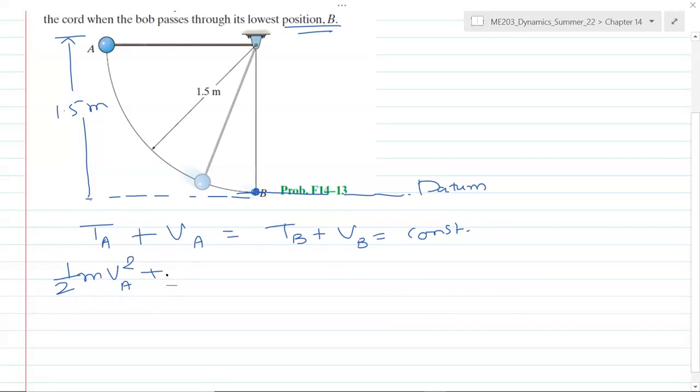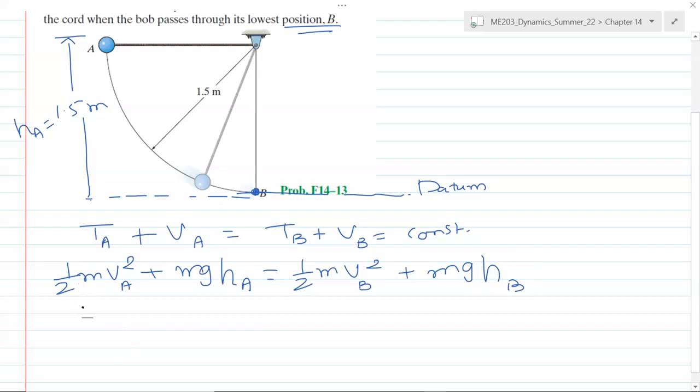This V is for potential energy, not for velocity. So mgHA is the potential energy because of the height HA from the datum. TB is 1/2 m VB squared, and the potential energy is mgHB.